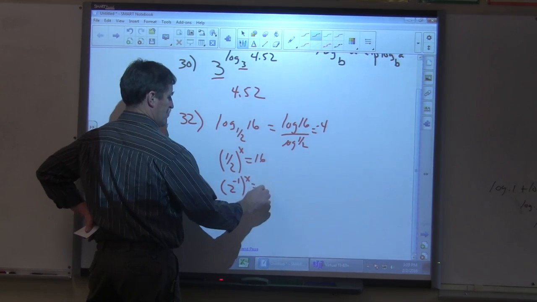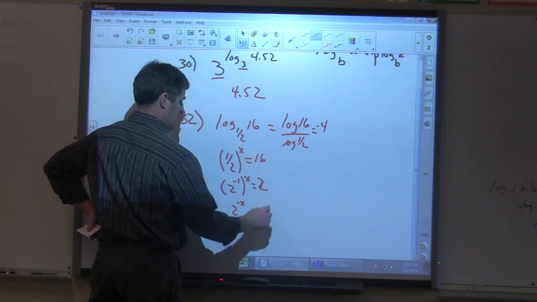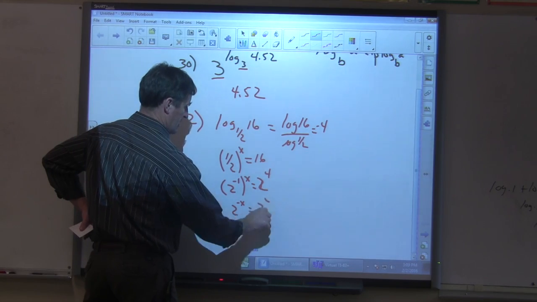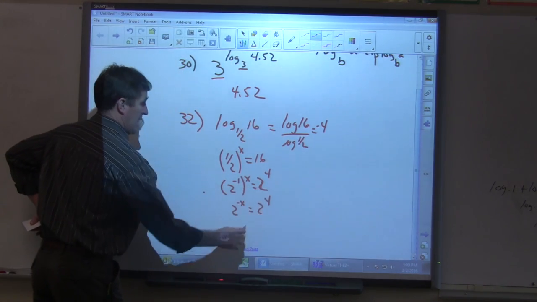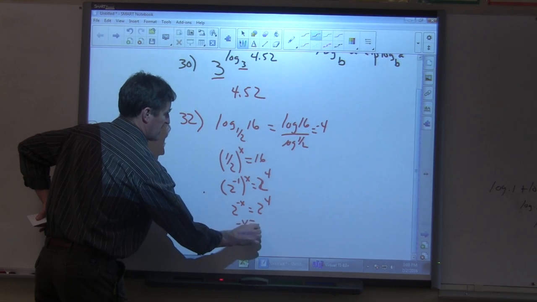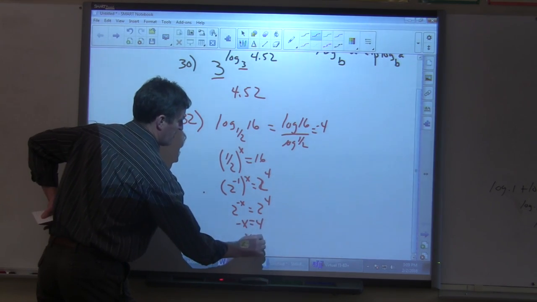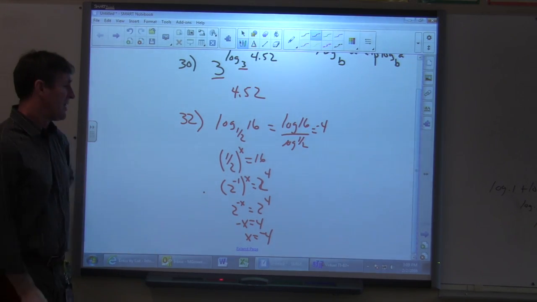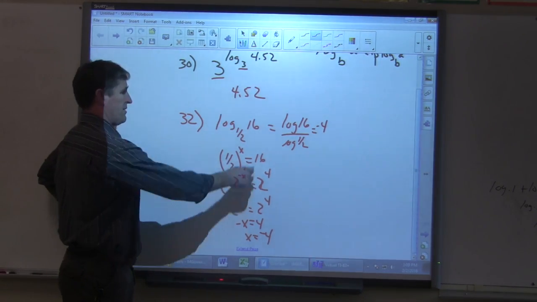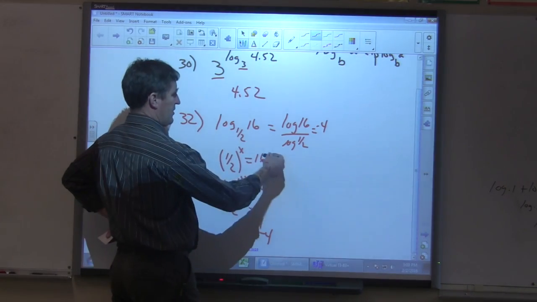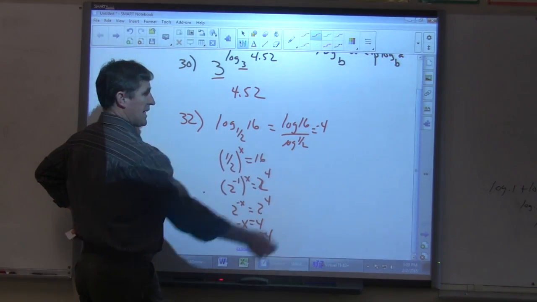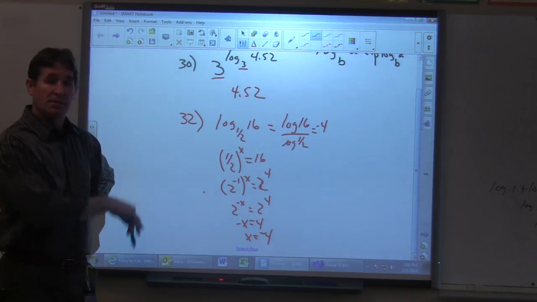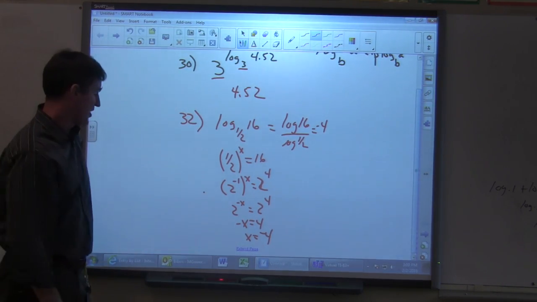And I can write 16 as 2 to the 4th power. And because the bases are the same, the exponents have to be equal. So -x equals 4. And so x equals -4. So that would be another way to do it. You could have done it as base 1/2, but you would have had to do this as 1/2 to the -4th power, and you'd still get the same thing. So that's just a sample of some types of problems, so that if you need refreshing, hopefully that helped out.